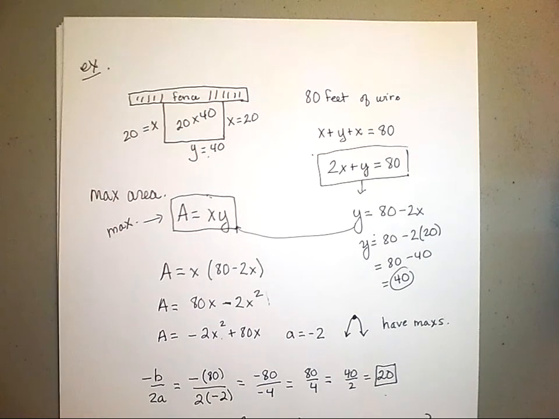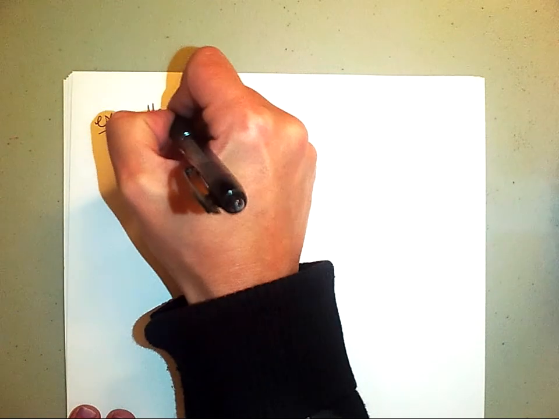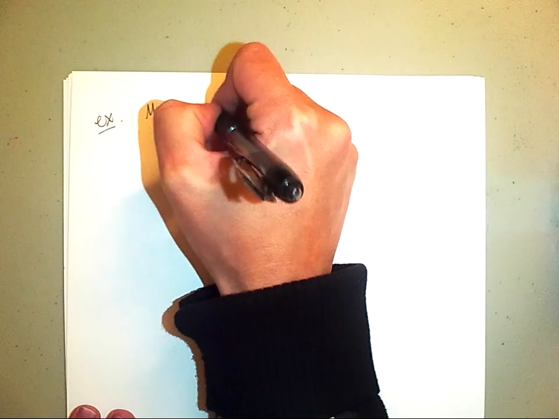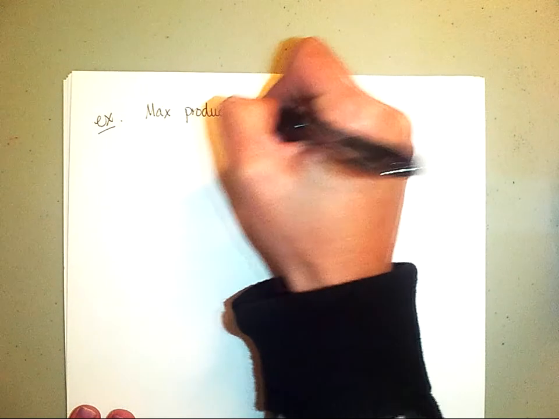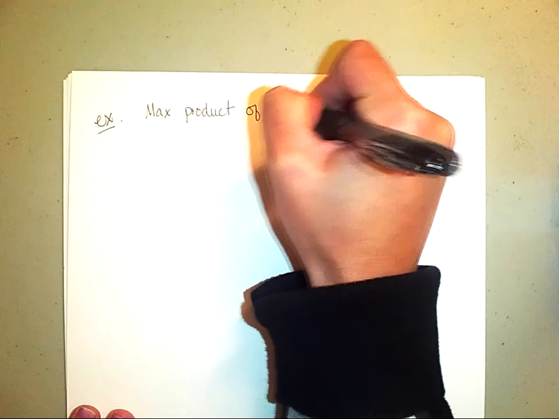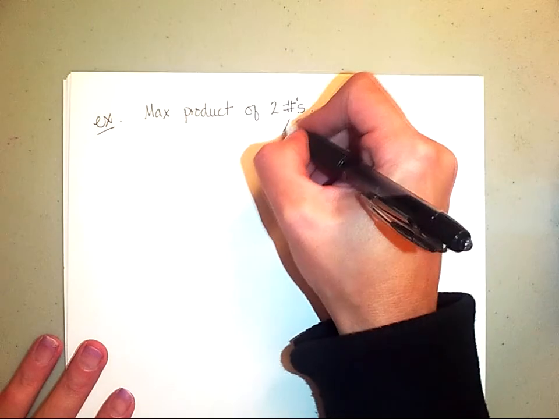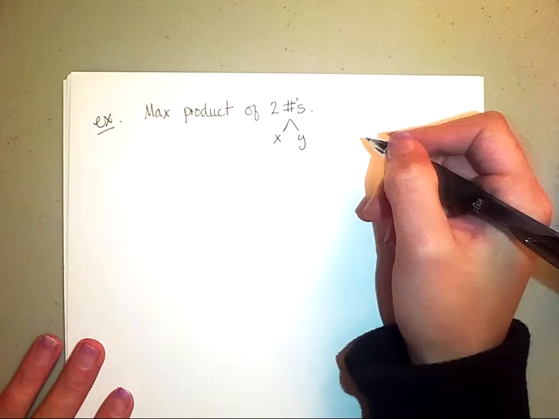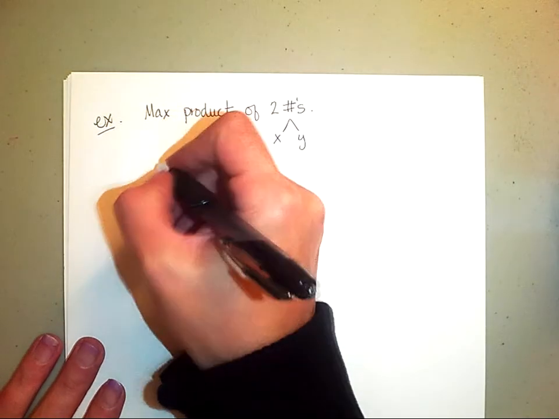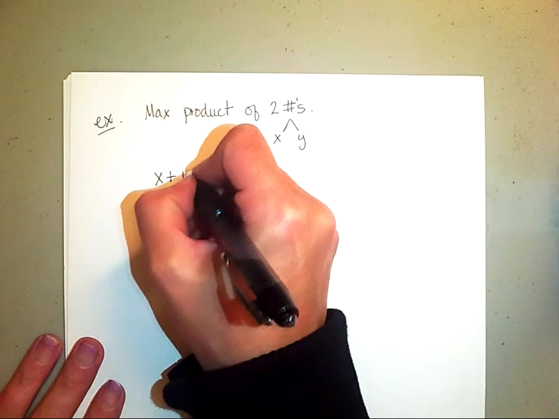Okay, let's try another one. Okay. So parabolas are very good when you're asked about minimizing or maximizing things. Okay, so here, for example, let's say we're looking for the max product, meaning the multiplication of two numbers. Now, I don't know what they are, but I'm given this criteria. Let's just call them x and y. Okay? The criteria is there's a lot of numbers.